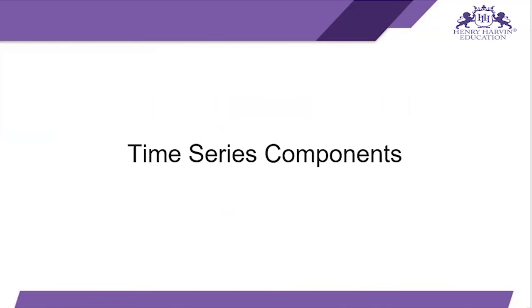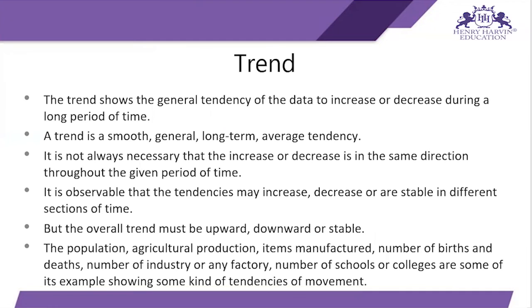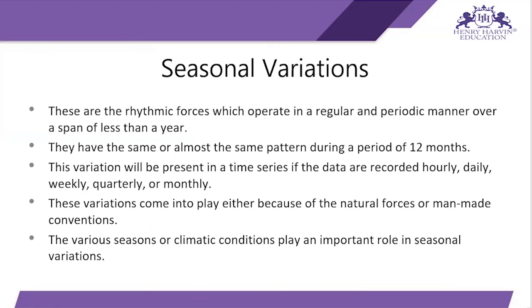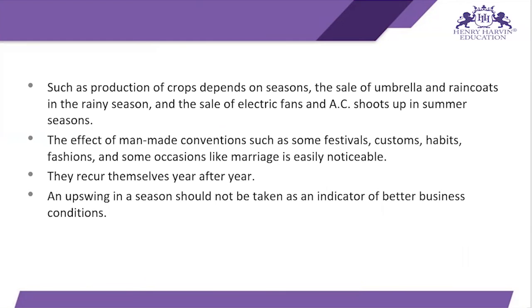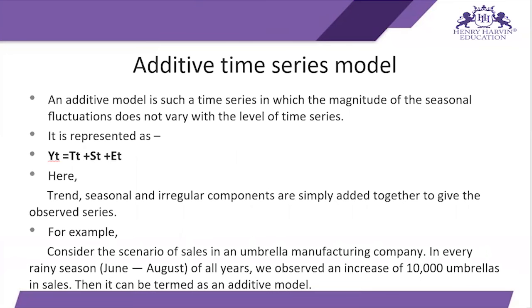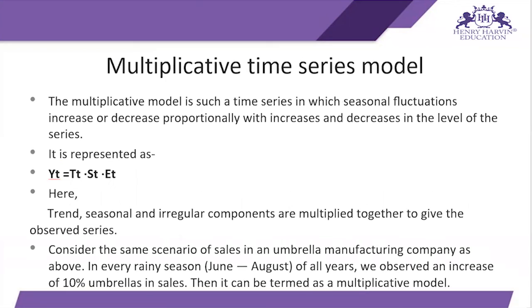We talked about components like trend, linear and non-linear trend, seasonal variations, cyclic variations, and random or irregular movements. Then we talked about the time series types, which are the additive time series model and the multiplicative time series model. So that's all for today's session.